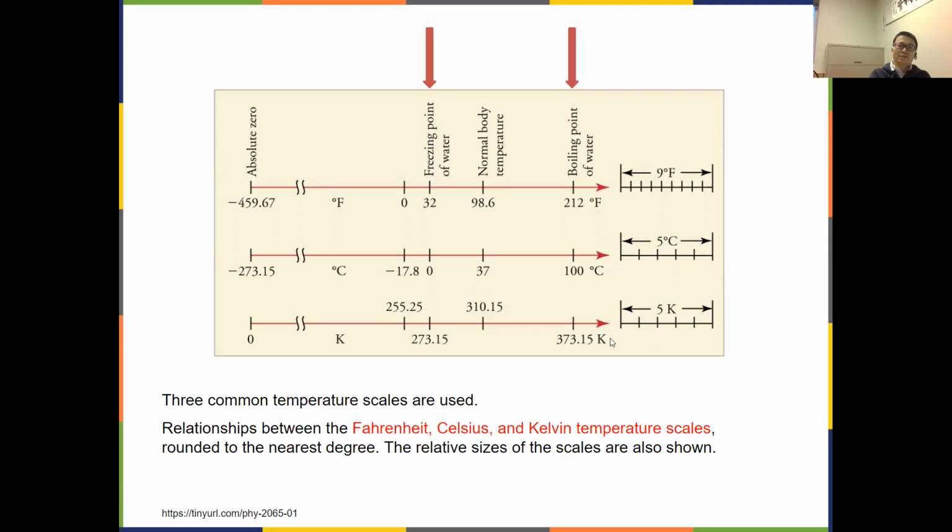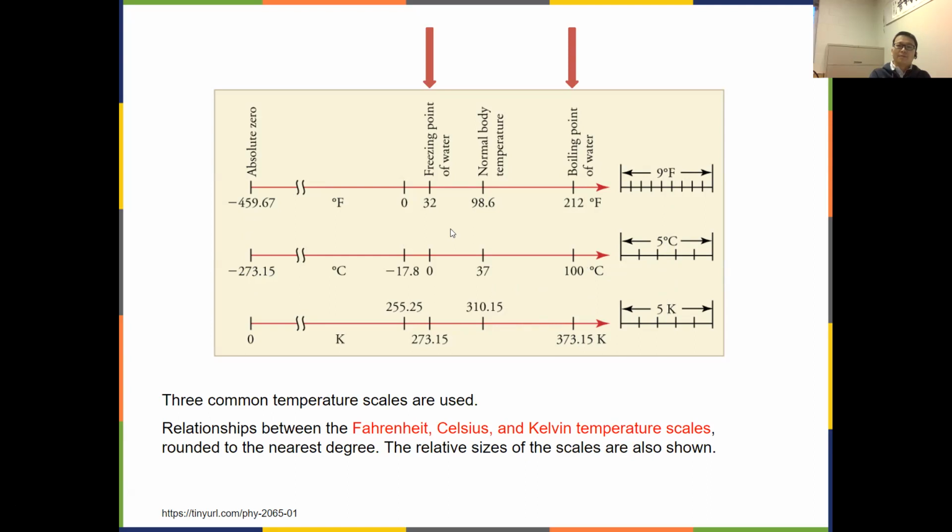Now, between Celsius and Kelvin, the size of a degree is the same. So 5 degrees in Celsius is also 5 degrees in Kelvin, but they start from different numbers, right? So 0 Kelvin is minus 273.15 Celsius, and 100 Celsius is actually 373.15 Kelvin, okay? Celsius and Fahrenheit have different starting points as well.